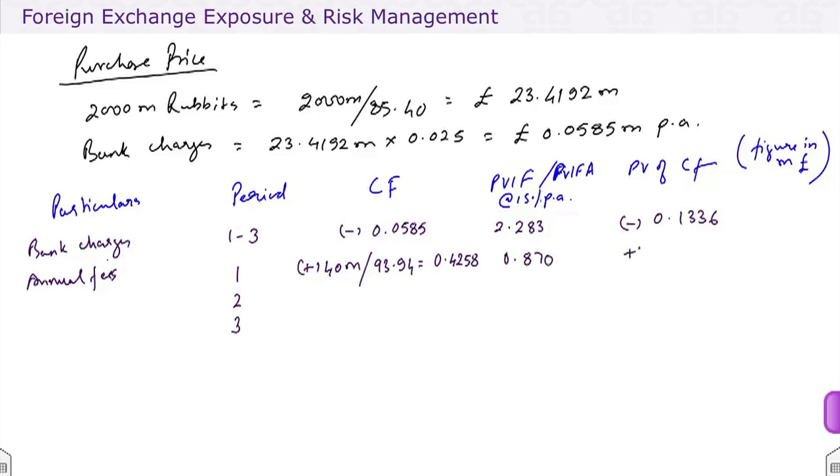So the present value cash flow for the first year is 0.3704.